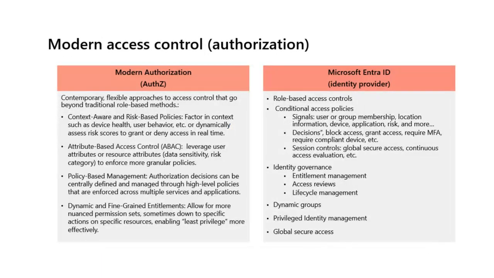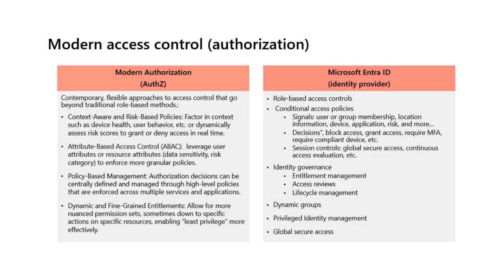Modern authorization: contemporary, flexible approaches to access control that go beyond traditional role-based methods. Context-aware and risk-based policies factor in contexts such as device health, user behavior, etc., or dynamically assess risk scores to grant or deny access in real time. Attribute-based access control (ABAC) leverages user attributes or resource attributes, such as data sensitivity and risk category, to enforce more granular policies.